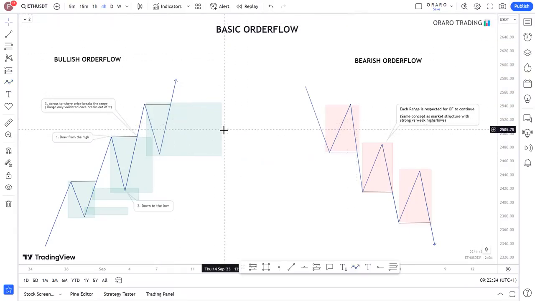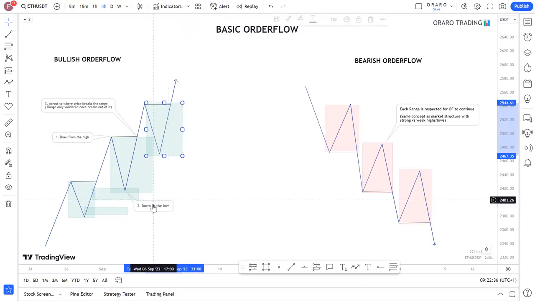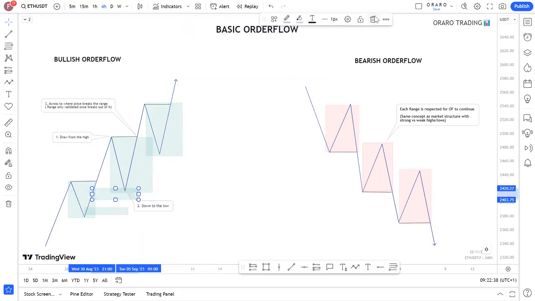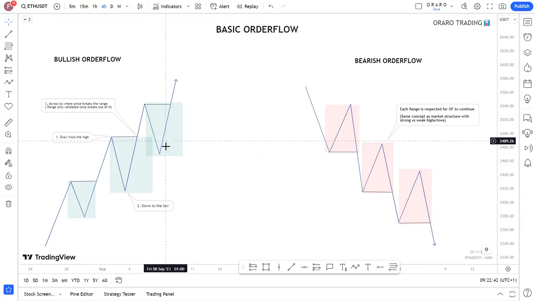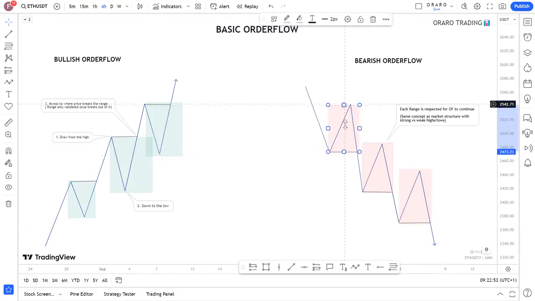So that's just it about order flow. See, order flow is not really hard to understand. It's very, very simple. Just draw your box, wait for price to come to your range and continue. That's the same thing with the bearish scenario. This is a bearish order flow. This is a bearish market. So what you do, you draw it from where price breaks from the range down to the low of the zone, then drag it.